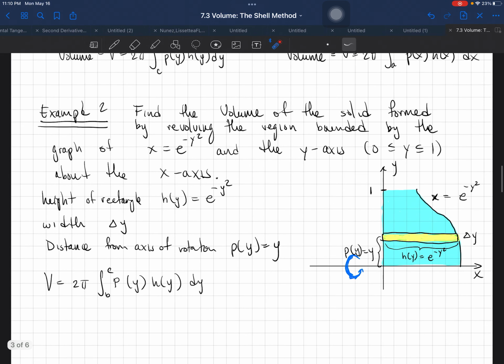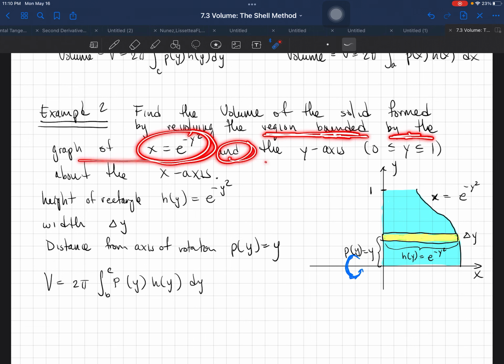Let's try another example. In the next example, we're going to use a rotation on the x-axis, and I'll go out of my way to point out how you can determine which axis of rotation we have. So, find the volume of the solid formed by revolving the region bounded by the graph of this and the y-axis.